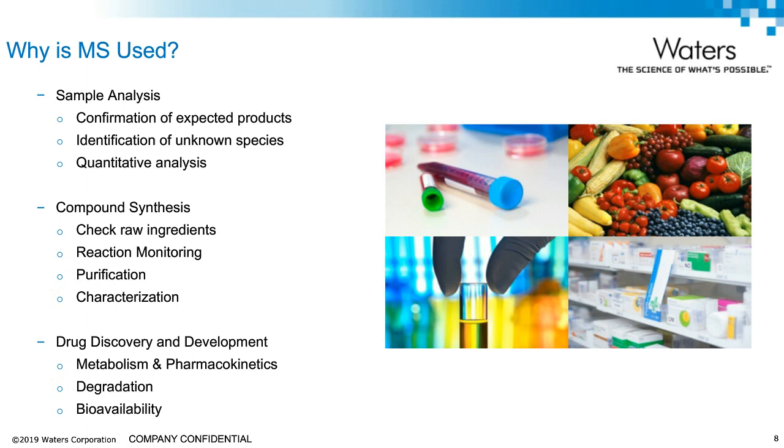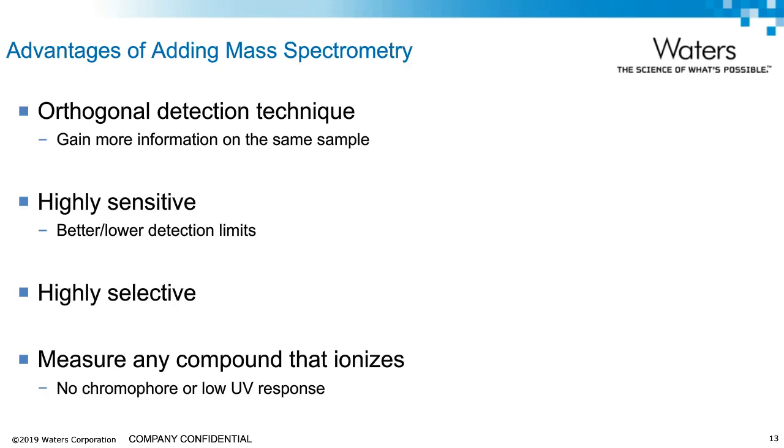Mass spectrometry is an information-rich detection method, and there are many advantages of adding it to existing methods or assays. For example, mass detection can be coupled with other detectors, allowing users to gain more information from the same sample in the same injection. Mass spectrometry is highly sensitive, having better or lower detection limits than other detection techniques.